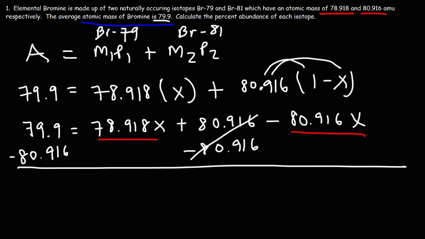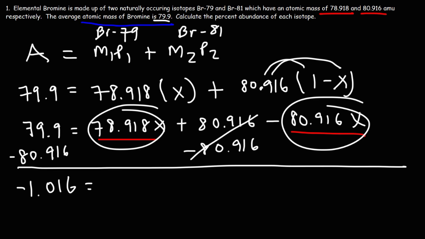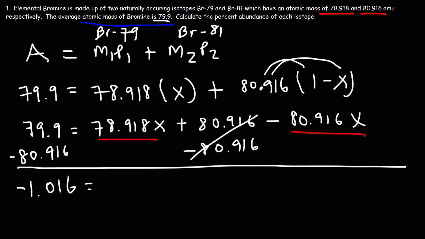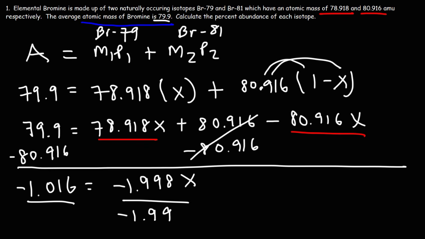On the left we have 79.9 minus 80.916, and that's negative 1.016. If we combine these two, that's going to be 78.918 minus 80.916, and that's going to be negative 1.998 times x. To get x by itself, we need to divide both sides by negative 1.998.